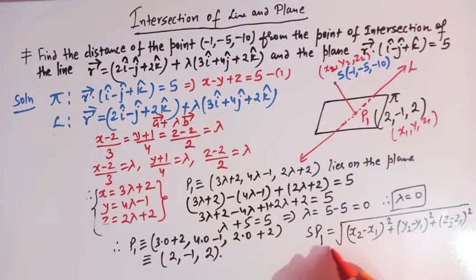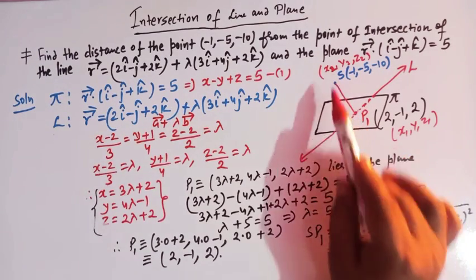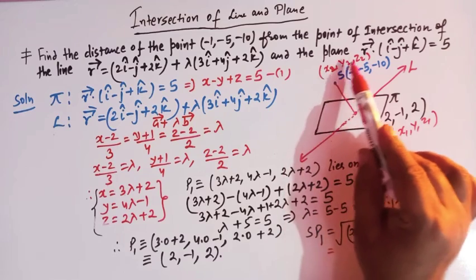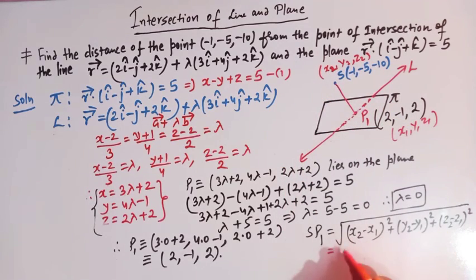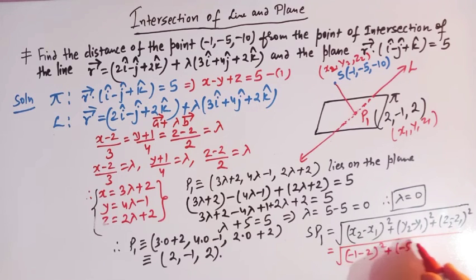So now substituting the values of x1 y1 z1, x2 y2 z2 in this formula, we'll get x2 minus x1, that is minus 1 minus 2 square plus minus 5 and minus 1 square plus we'll have minus 10 and minus 2 square, right?